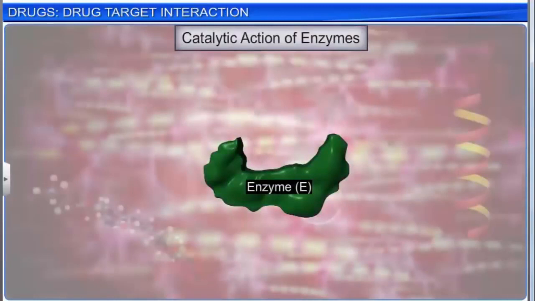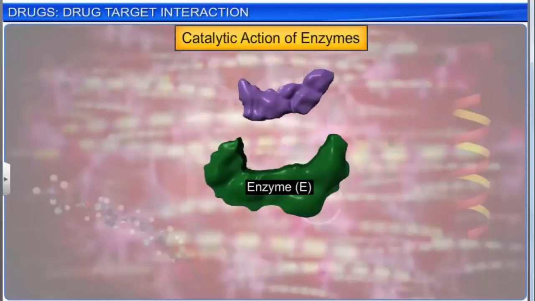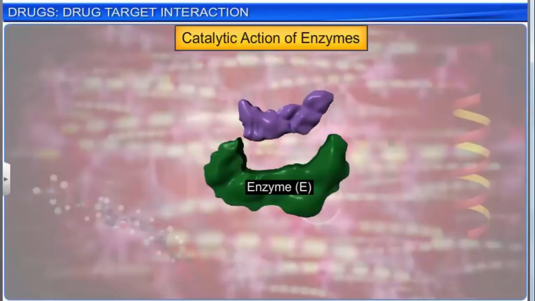In order to understand the interaction between drugs and enzymes, we first need to understand the catalytic action of enzymes. Every enzyme has a pocket known as the active site or binding site, which enables reacting molecules to bind to it. The reacting molecules are known as substrates.